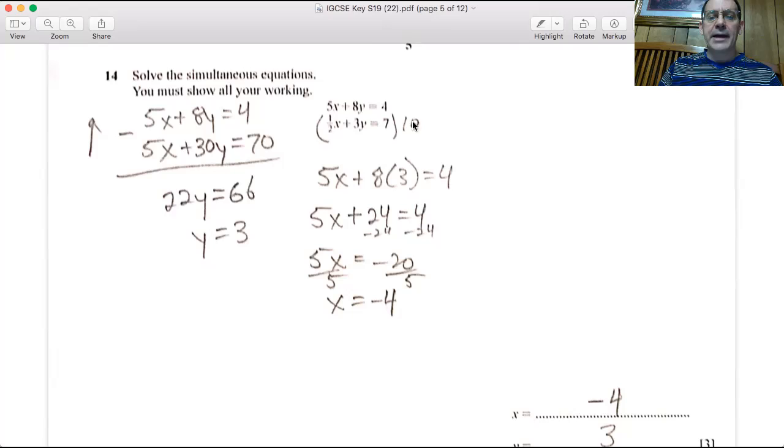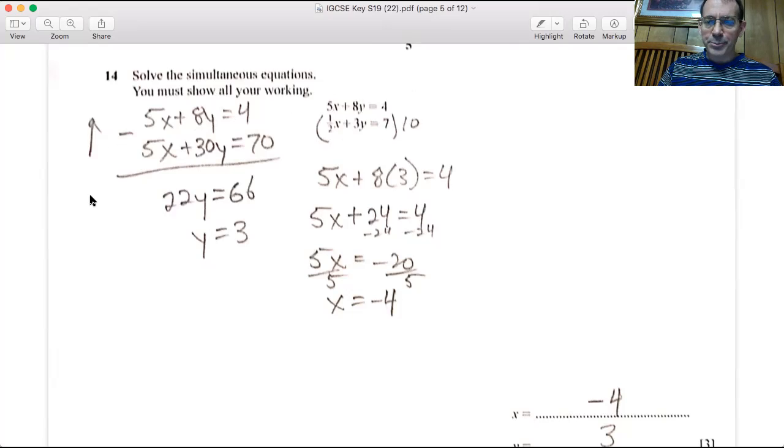So multiplying by 10 will give us 5x plus 30y equals 70 for this bottom equation. The top equation I just left alone. So 5x plus 8y equals 4 is on top. On the bottom, after you multiply by 10, you get 5x plus 30y equals 70. We're going to subtract those so that our x's cancel out. And notice this arrow up over here.